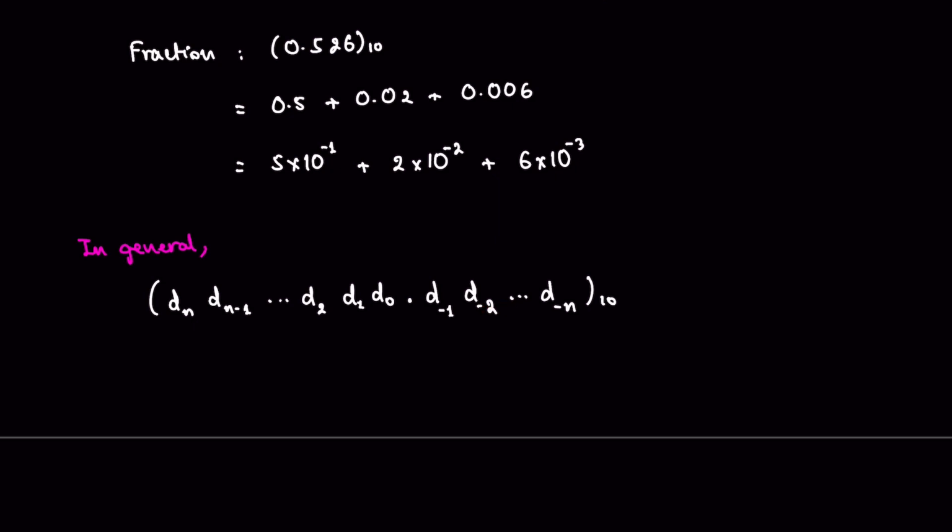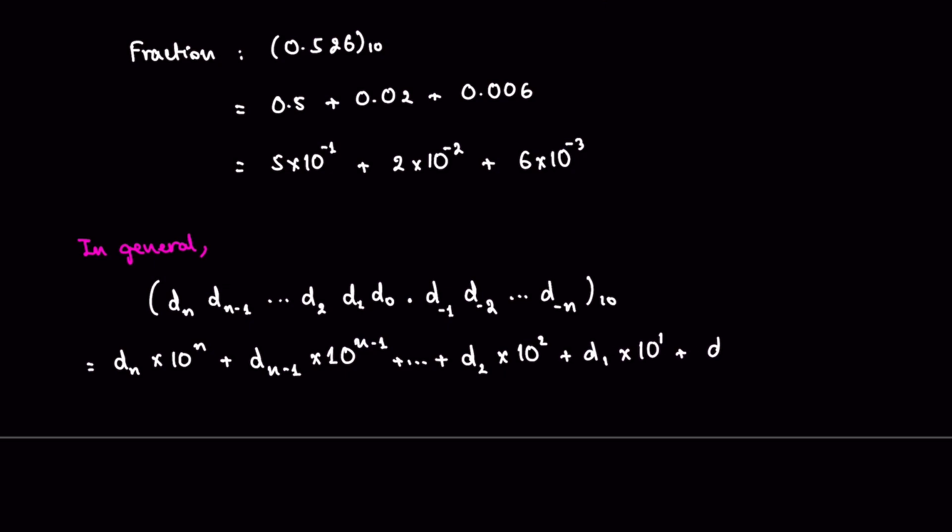And in terms of the representation with base 10, what you're going to do is this. So d sub n, the digit at the nth position, multiplied by 10 raised to the n power, plus d sub n minus 1 times 10 to the n minus 1, and so on and so forth. Go to the hundreds. So you have d2 times 10 to the second power, plus d1 times 10 to the first power, plus d0 times 10 to the 0.